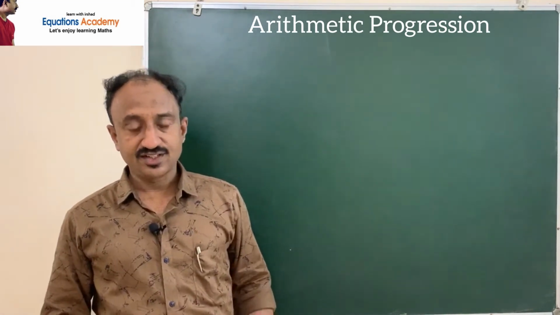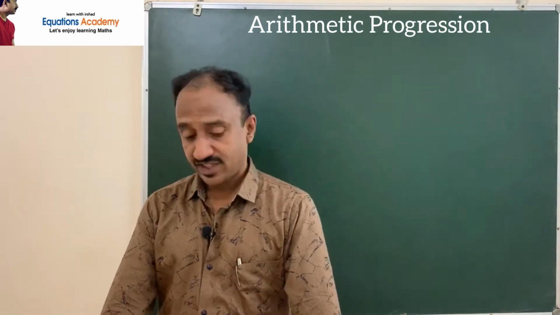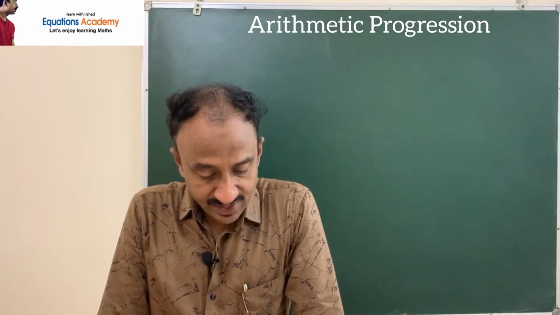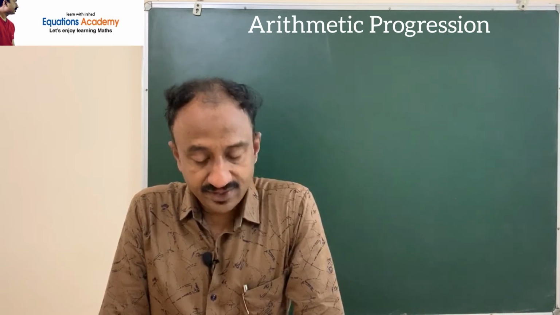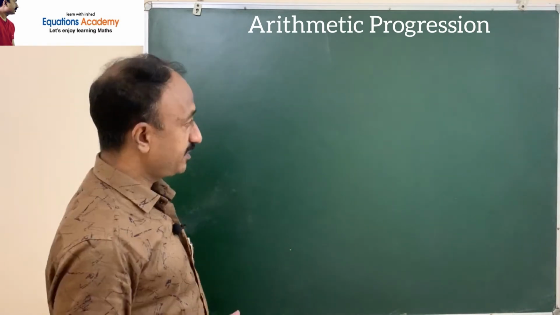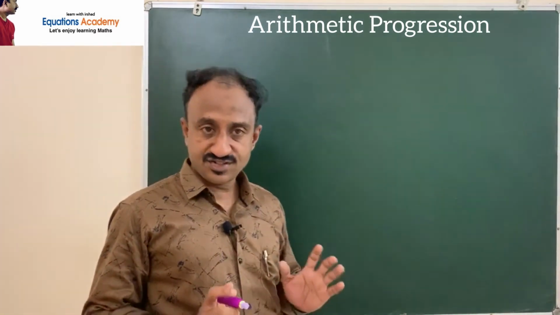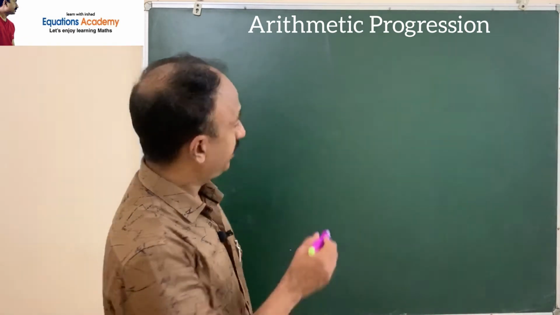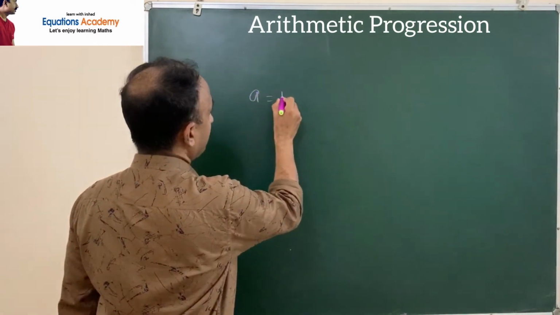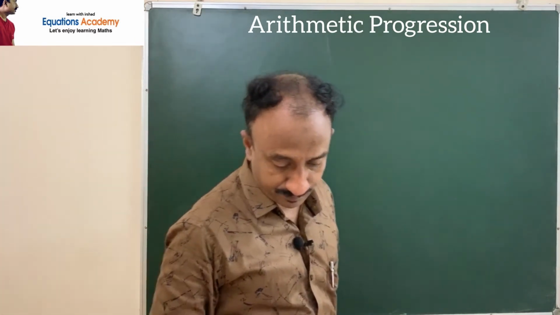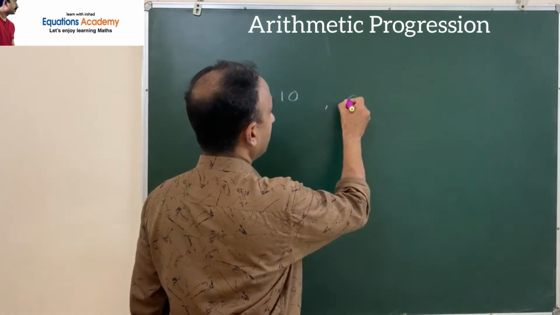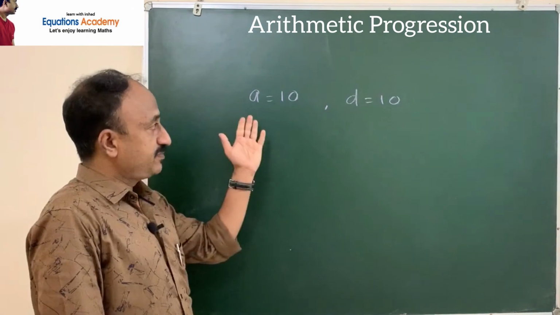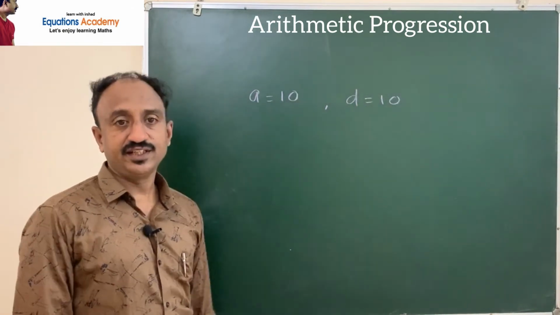The second question is: write the first 4 terms of the AP where the first term A and the common difference D are given as follows. For an AP, the first term is denoted by the small letter A. So here, first question, A is 10 and D, the common difference, is also 10.